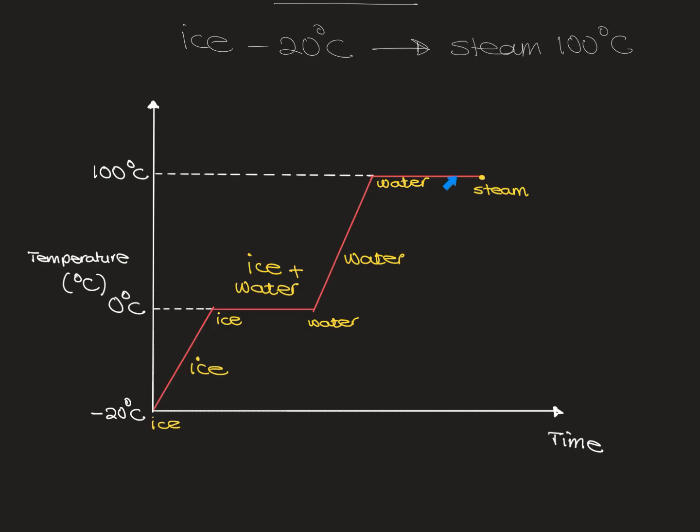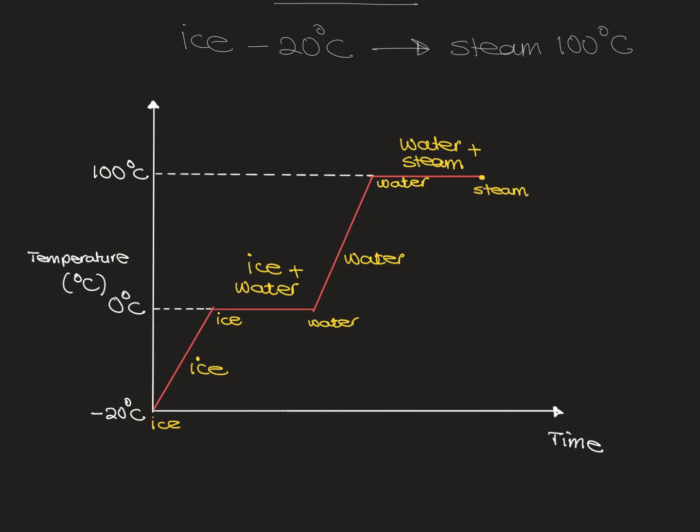During a phase change, this region will have the combination of water and steam. We have just water at this point, so it is being converted gradually to steam, okay? That is called boiling. So we'll have water plus steam for this transformation here.